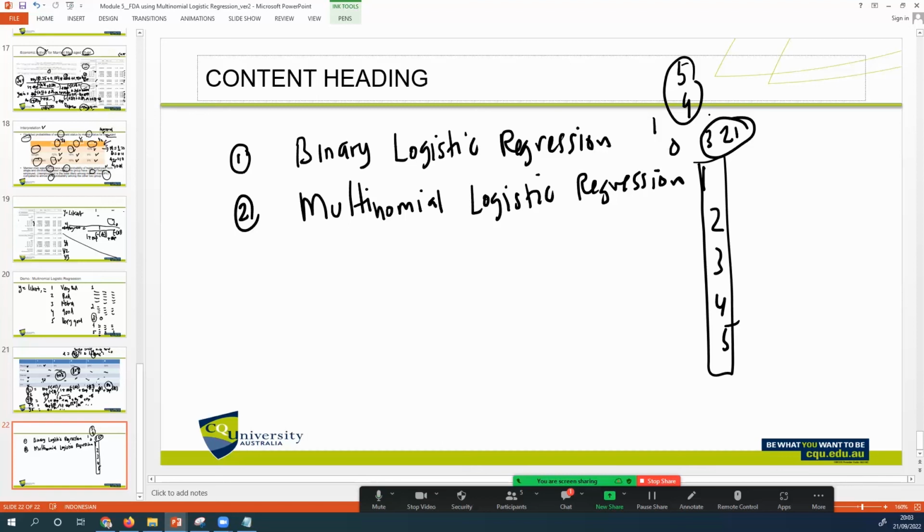The objective is to get the model of Y1. For binary, only Y1, because Y0 will be minus Y1, isn't it? Or in the multinomial, the objective is to find the model of Y1, Y2 until Y5.